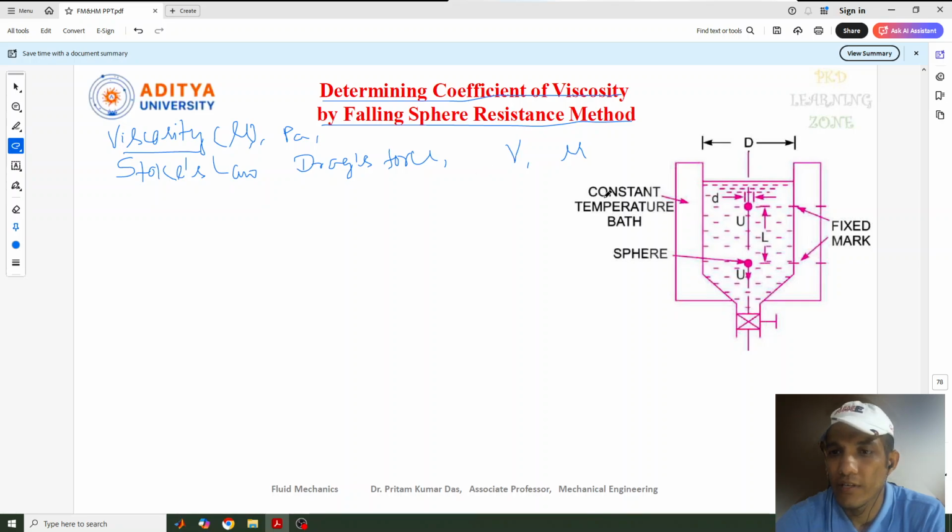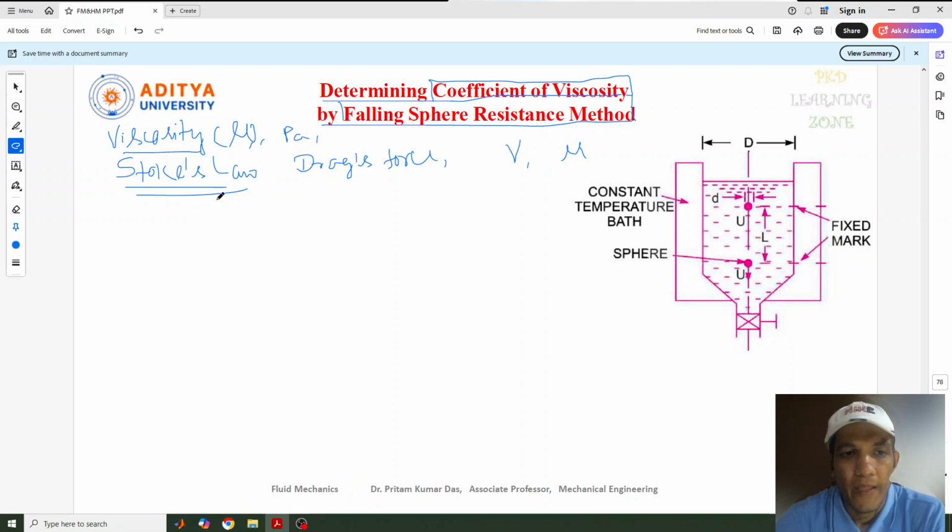That concept comes under Stokes law. So the calculation of the coefficient of viscosity by the falling sphere resistance method is also based on Stokes law. This is the important point.